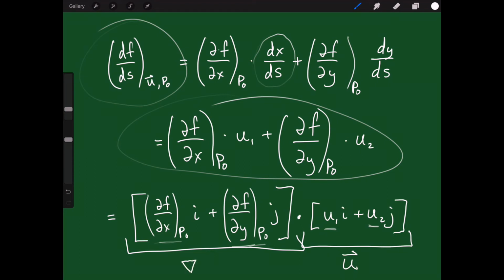It's kind of like an upside down triangle f, and it's a vector. So we're going to call this vector that we start with here, which is partial with respect to x, i, plus partial with respect to y, j, the gradient of f. So let me write that down. So, a definition.